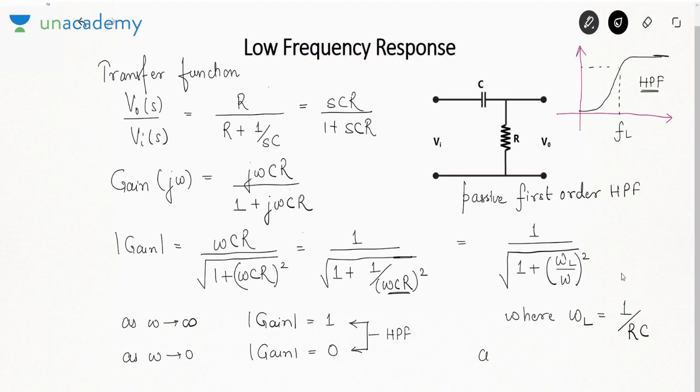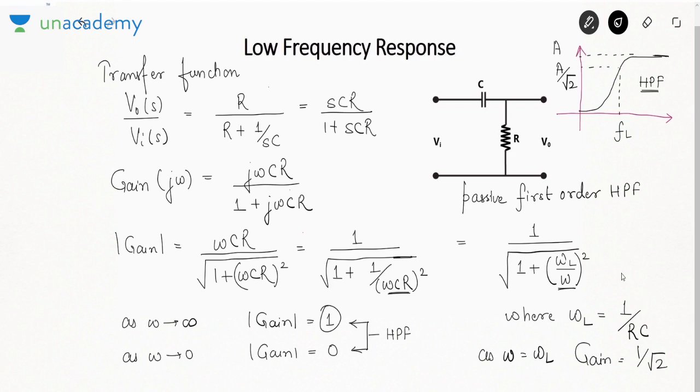Now see, at omega equal to omega L, this factor will be 1. So gain will be 1 by root 2. And that is what I told you about the cutoff frequency. It is equal to the frequency at which gain becomes maximum gain by root 2.